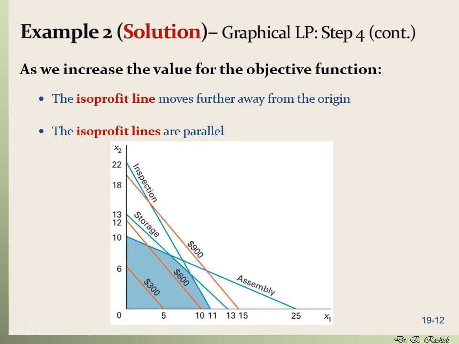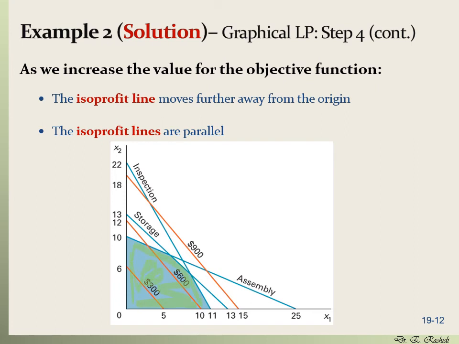I moved it too far, as you see here. For this line, the profit is $900, and this line is also parallel to the other two orange ISO profit lines. But every point here is in the infeasible space, because the feasible space, as you see here, is here.